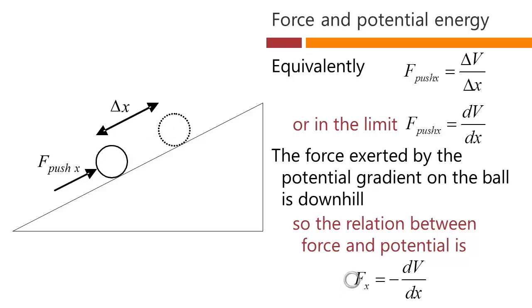So the force associated with the potential energy itself is minus dV by dx. We had to push uphill to do some work to change the potential energy. We were pushing against the force that comes from the rate of change of potential energy. So that force from the rate of change of potential energy is minus dV by dx.